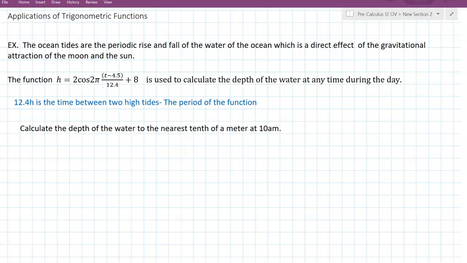But the 12.4 is the time between the two high tides, and in this case the 4.5 represents the phase shift, or the shift time at first high tides.